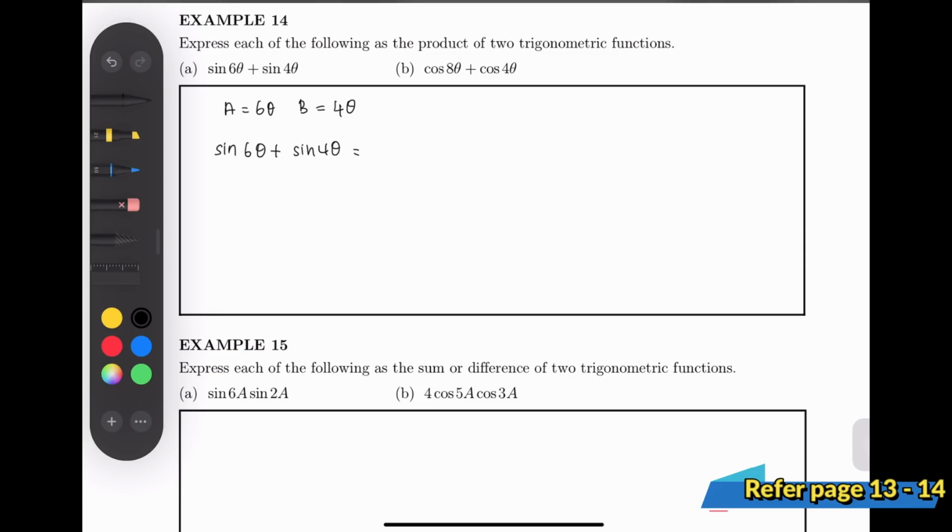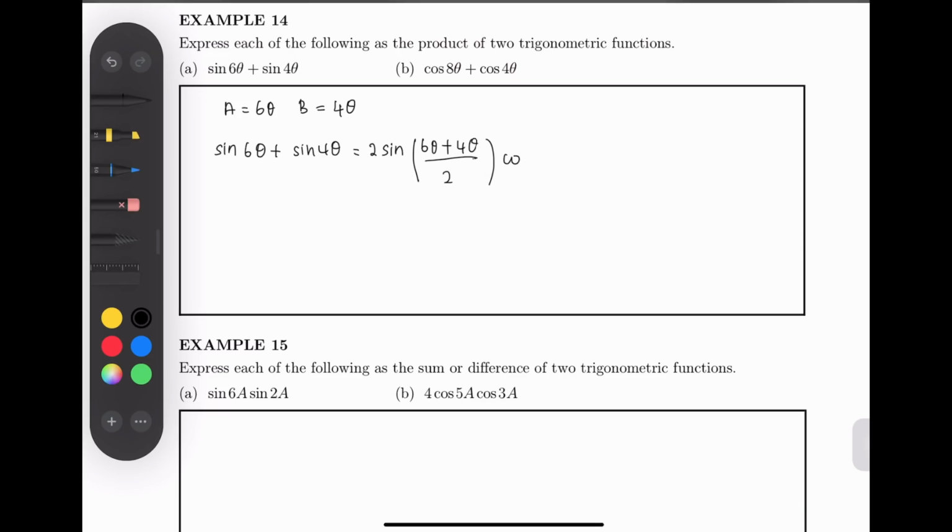The formula is 2 sine (A plus B) over 2, so (6 theta plus 4 theta) over 2, cos (A minus B) over 2. Simplify to get 2 sine, 6 plus 4 is 10, divided by 2 is 5 theta, cos, 6 minus 4 is 2, divided by 2, cos theta.